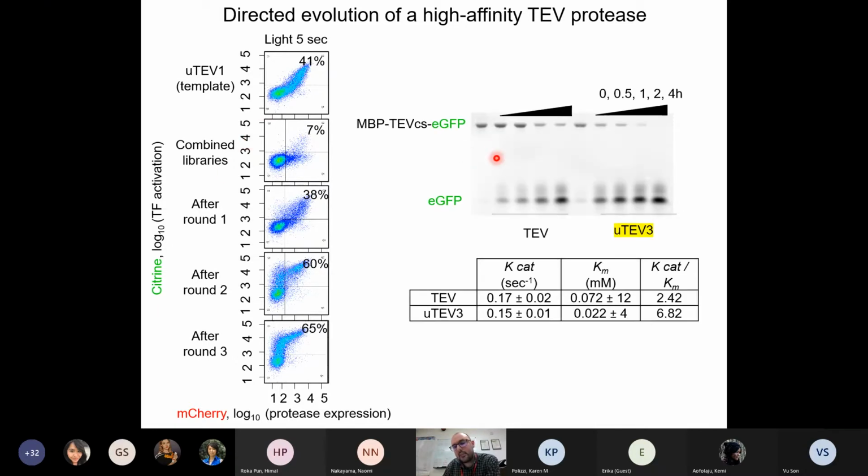And here you can see again some kinetic analysis, where now we have a variant that I call Ultra TEV3 because it has 3 mutations, a Km 3-fold lower, and a higher kcat of around 3.5 times. So this was great because we were able to evolve TEV protease with different activities and affinities.